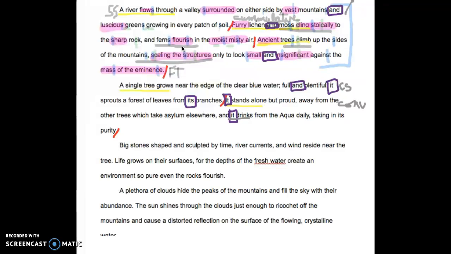They sound like human attributes, and I think that gives kind of an interesting feeling to this piece as well. The description of the tree in the second paragraph is very much a personification, almost like a human being standing watch.